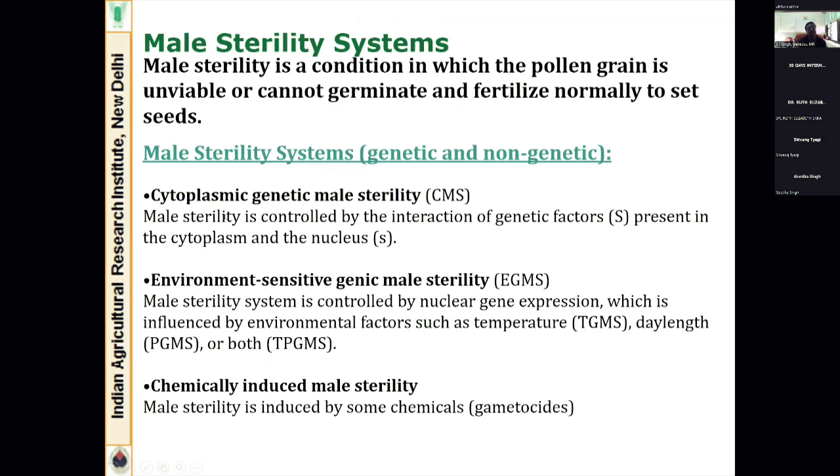Cytoplasmic genetic male sterility is the genetic system, and an environment-sensitive genetic male sterility system is also used. There are some conditions where male sterility occurs due to differences in temperature regimes or photoperiod, or both photoperiod and temperature. Another is chemically induced male sterility, in which gametocides are used for creating male sterility in female parents.